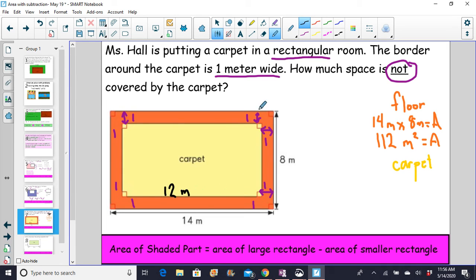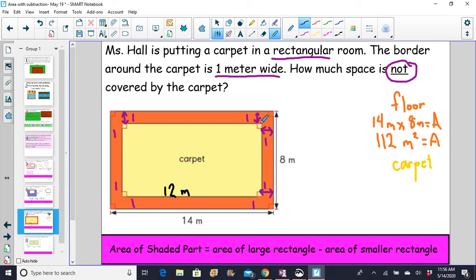Let's go to its width, the shorter side. Same thing, I've got 1 meter on the top and 1 meter on the bottom of border space. So if the width of the floor is 8 meters, I'm going to subtract 1 meter from the top and another meter from the bottom.